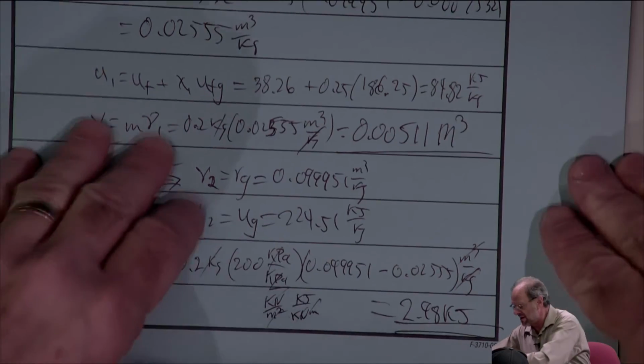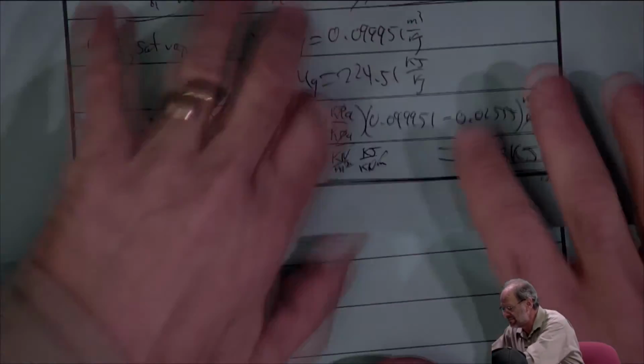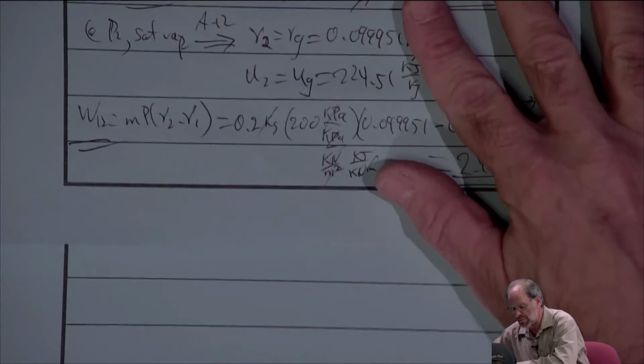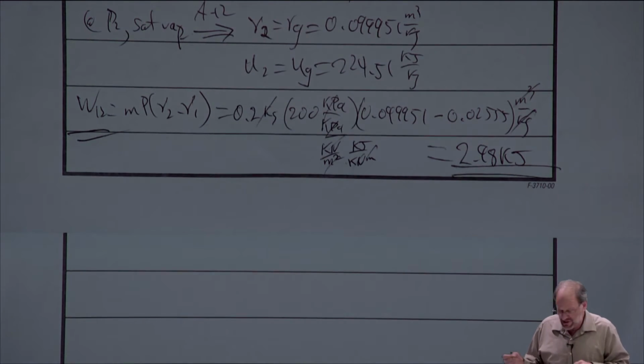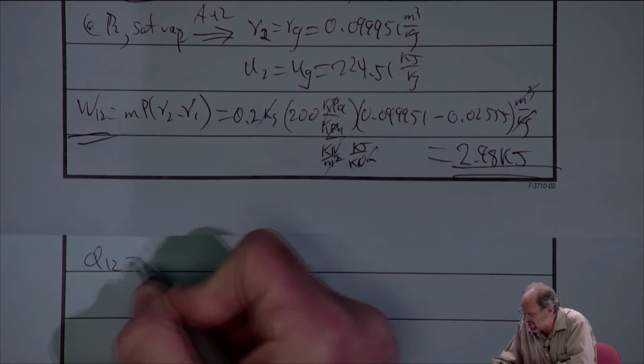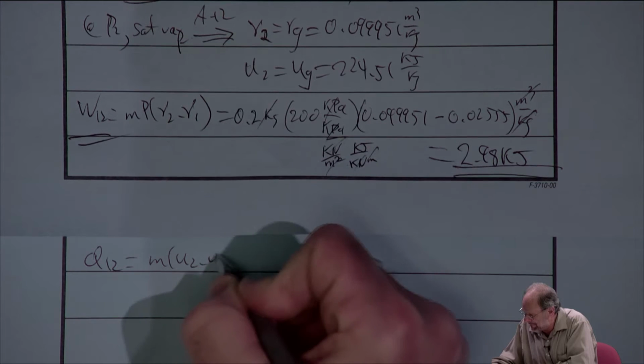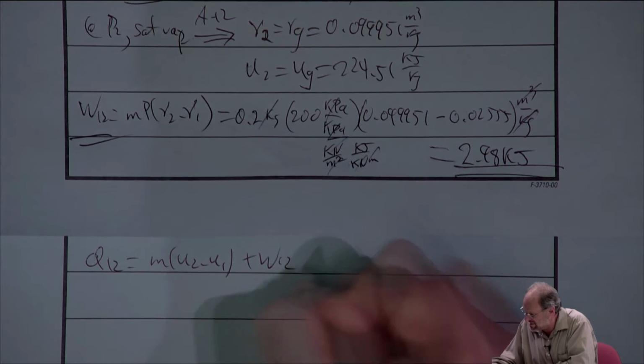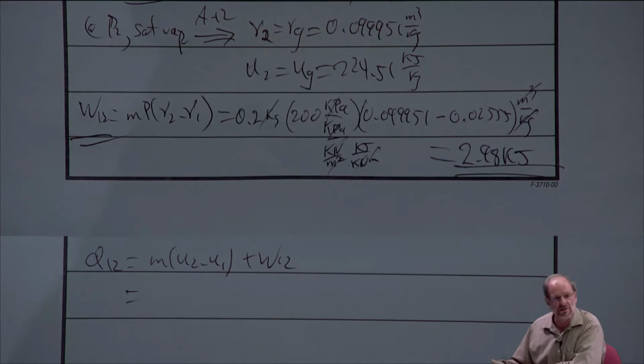Lastly, heat transfer. All right, so heat transfer is found with the first law. Again, I'll rewrite the equation. So it's really just a matter of plugging in all the numbers we already have.